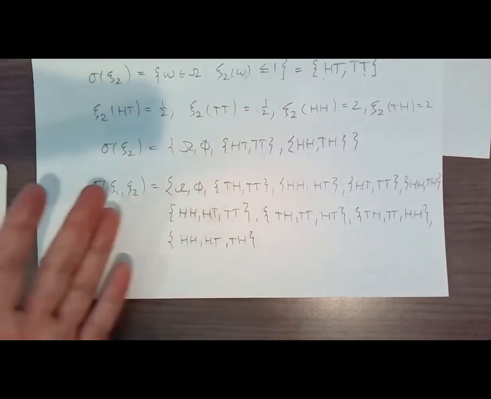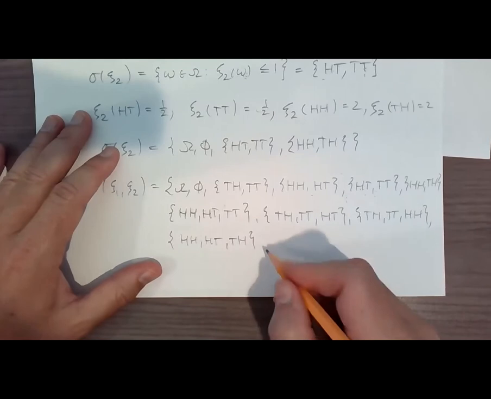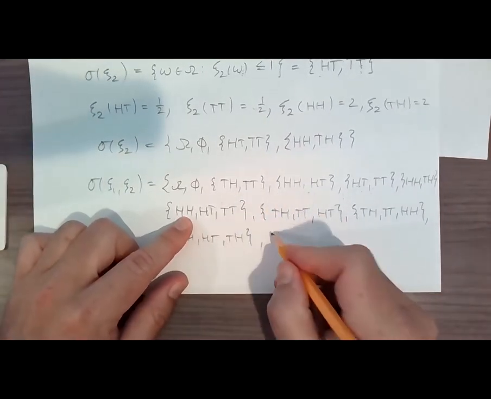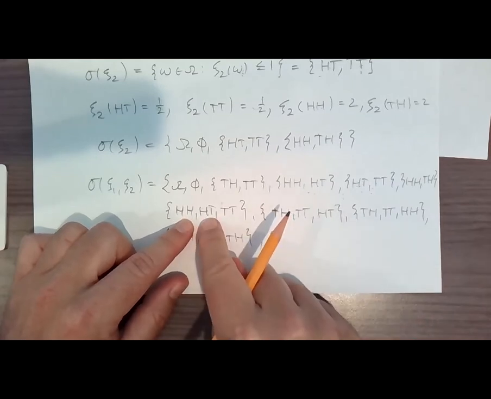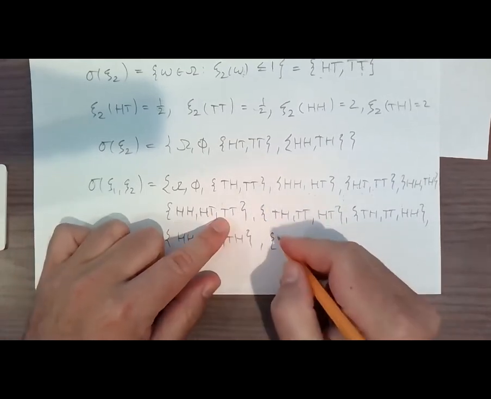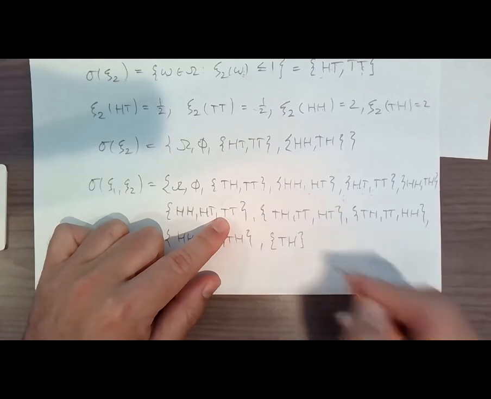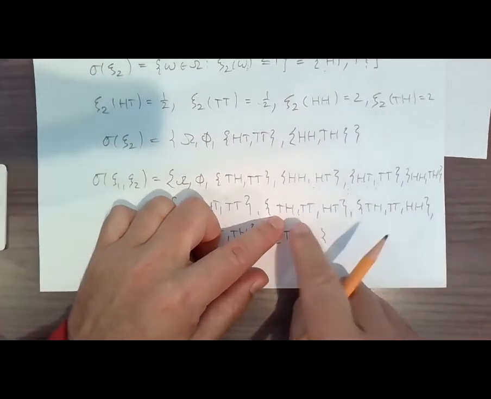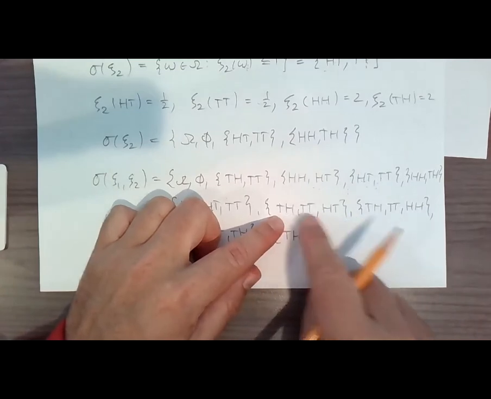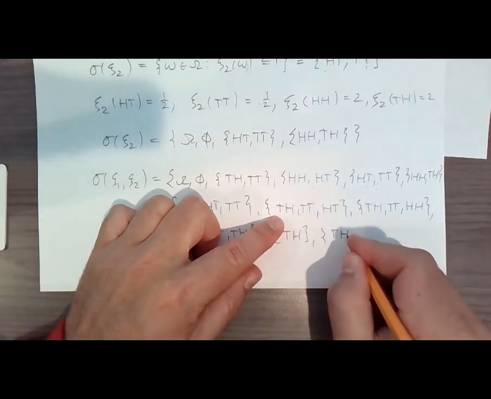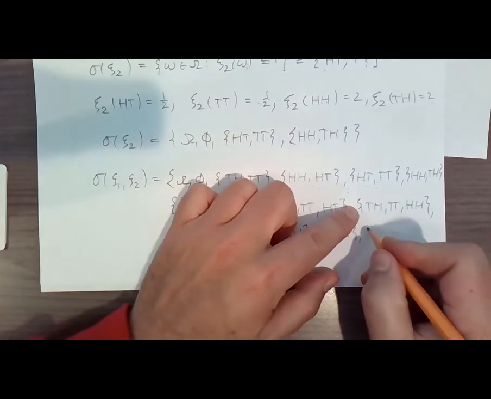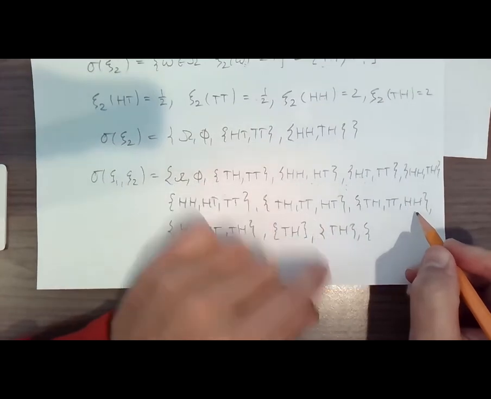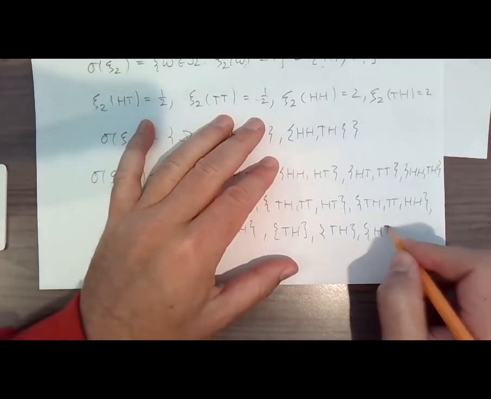Oh gosh, but then I also need to be stable on the complements. So then what will I get here? If I am to be stable on the complements, if I take the complement of this one, the one that is missing is TH. And the one that is missing in the next one, I need to be stable on the complements. Complement of this one is TH. The complement of this one is going to be HT.